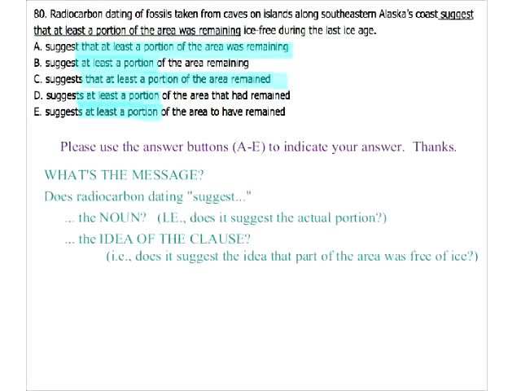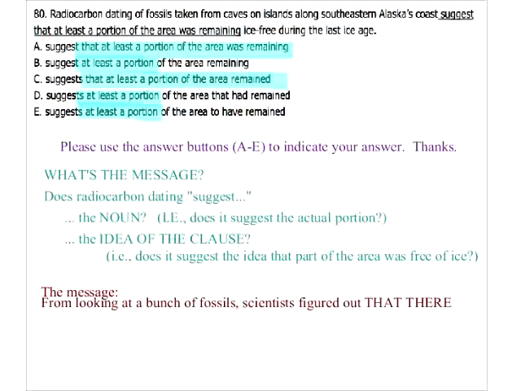Instead, it's the message of the sentence, and again, there's no formula for figuring this out. You just have to read it the way that you would read these ideas in a magazine or something. The message of the sentence is definitely that, from looking at a bunch of fossils, scientists figured out that there existed some parts of the coast that were ice-free.